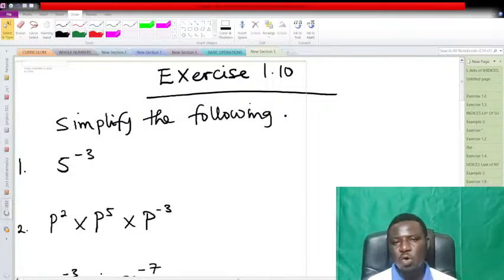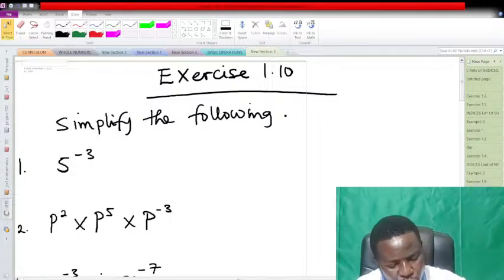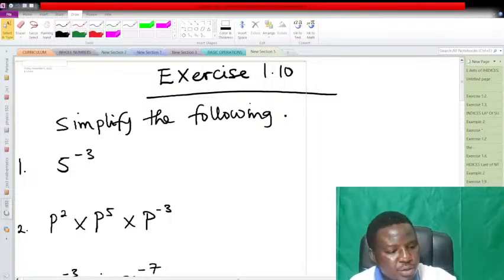The second law, which I said is the negative law, says that any number raised to a negative power is equal to 1 divided by a raised to that power, which I gave you there on the board.